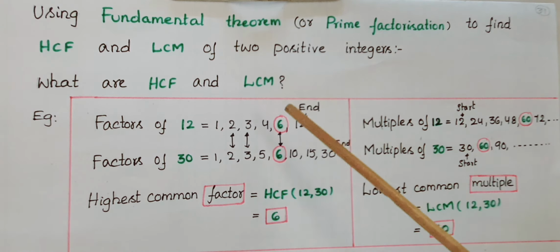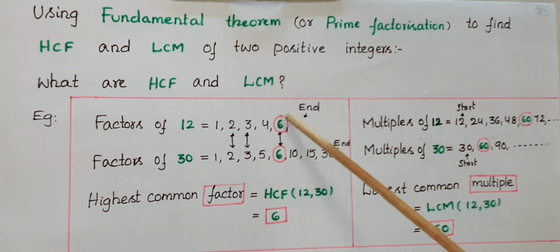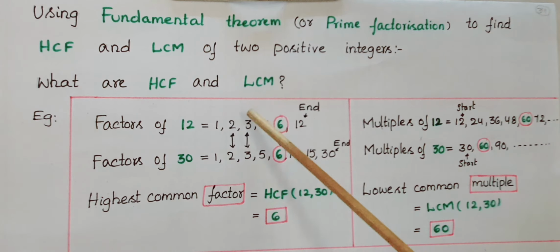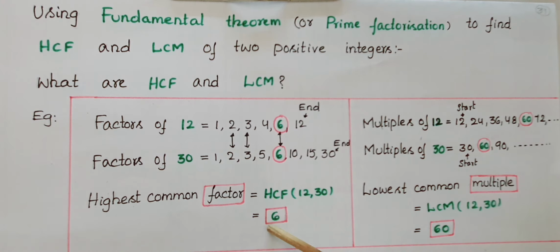Here 2 is common, 3 is common, 6 is also common, but we have to find the highest common factor, which is 6. So the HCF of 12 and 30 is 6.